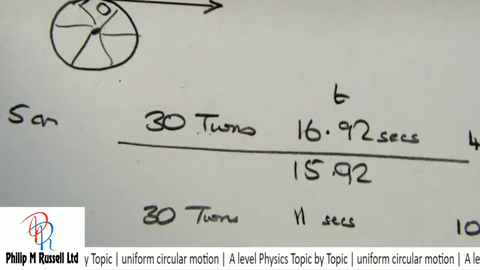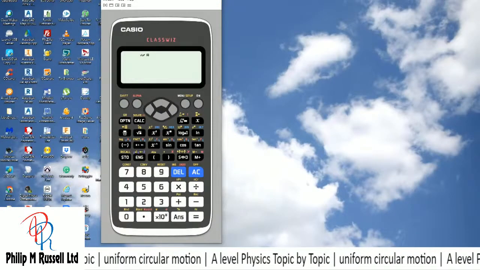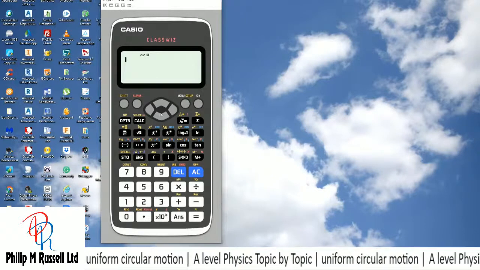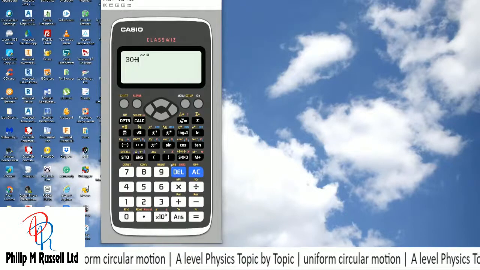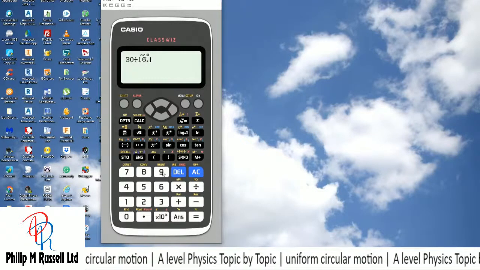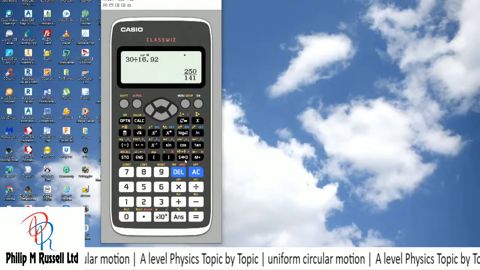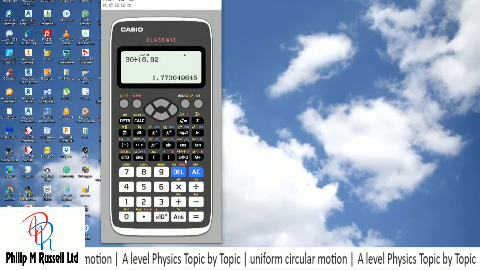It's as accurate as we've got. So we've got 30 divided by my 16.92. Gives me 1.77.